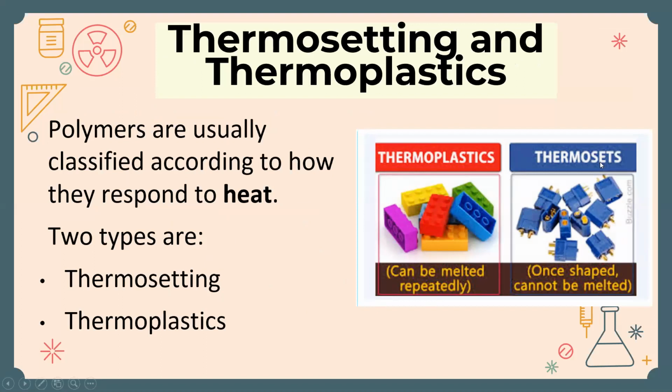Thermosetting plastics, on the other hand, are a little bit different. They are not easily meltable, and they are quite solid and rigid. So even when you expose them to heat, they remain quite firm. They don't melt or become soft. Whereas thermoplastics, like a plastic bottle or a piece of Lego, do become soft and melt in terms of their texture.